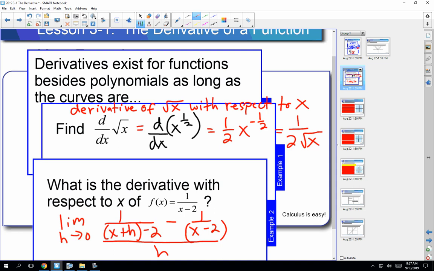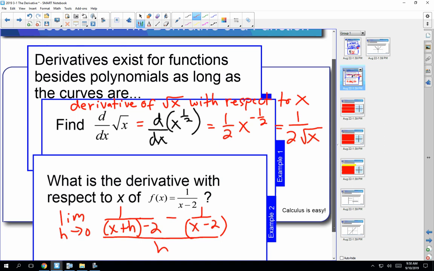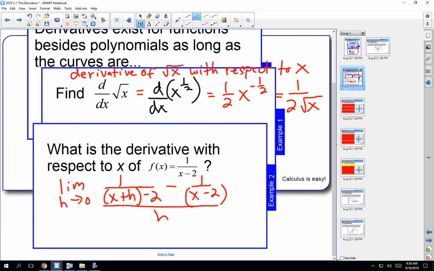So go ahead and try this, and then we'll write down the answer. Do you need any help on that?